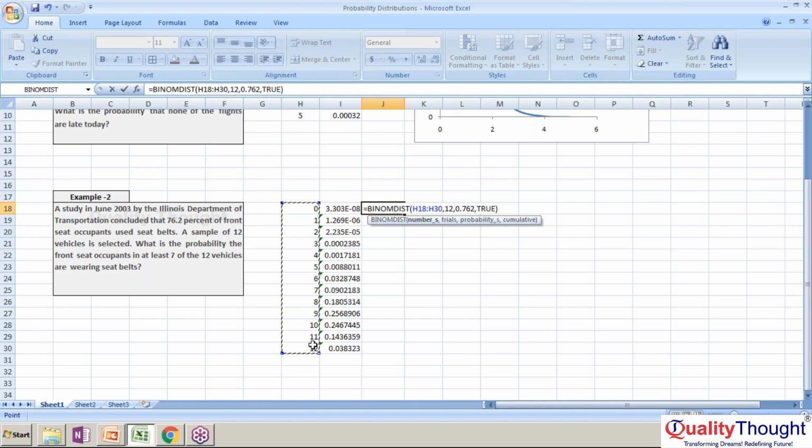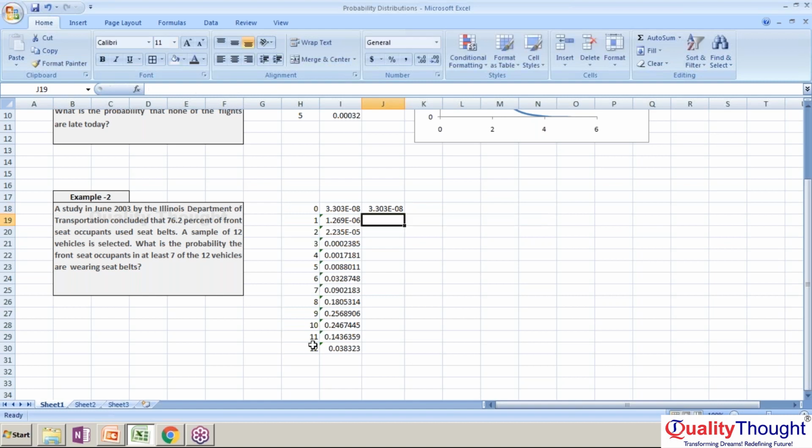Now look, the value should change. Changed or not? The cumulative, the total number of all probabilities should be equal to 1.